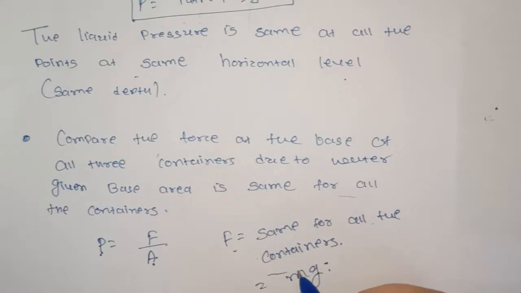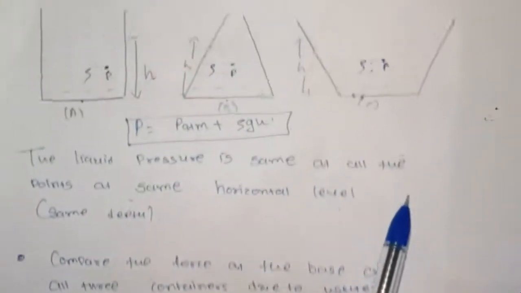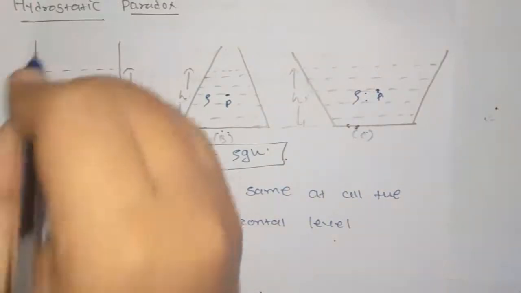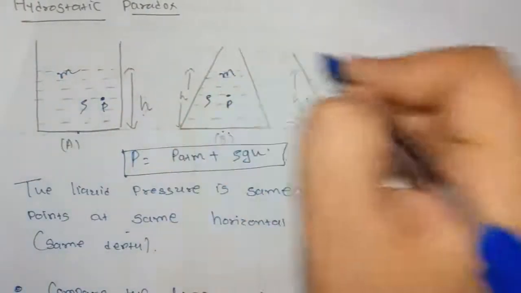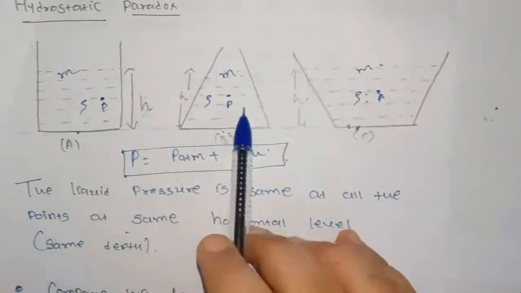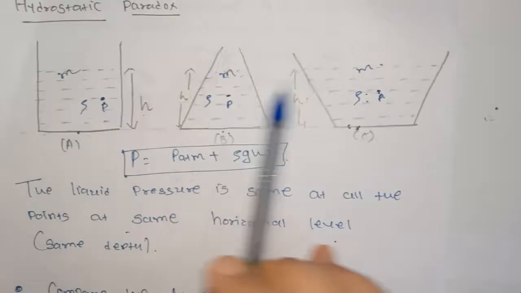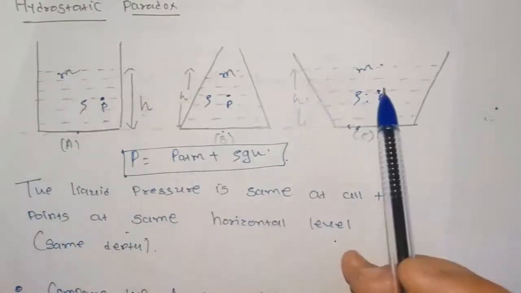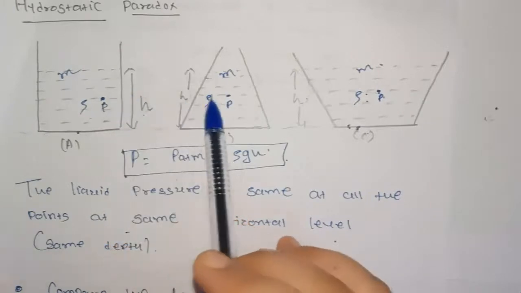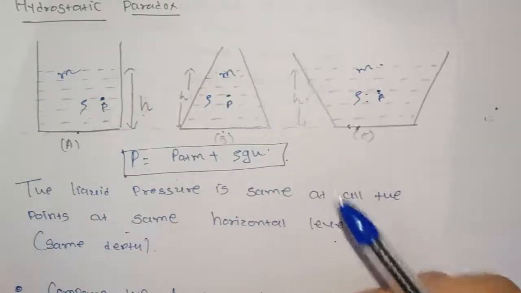G is the same, so we can say that the mass of all the liquid kept in all 3 containers is the same. But it is clearly not the case, because as the size of all 3 containers is different, the liquid filled will be different, so the mass of the liquid will be different.